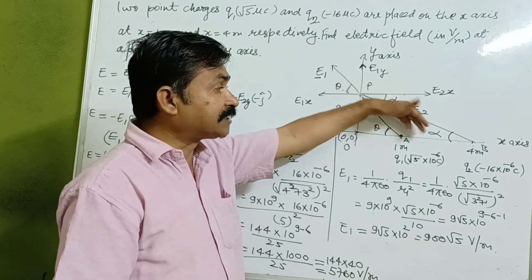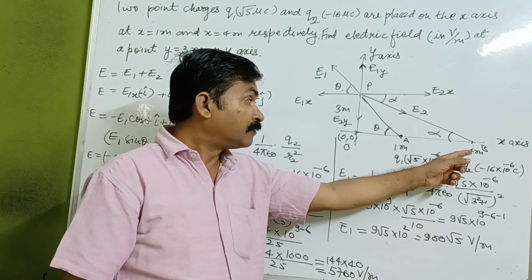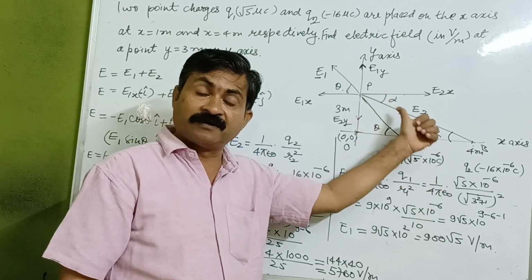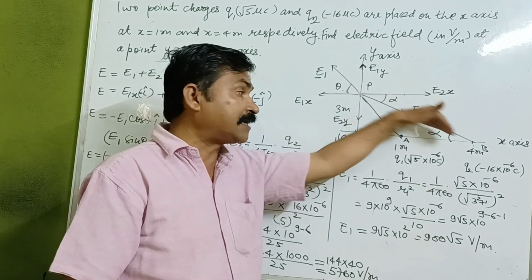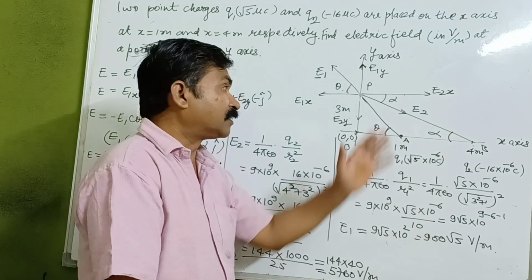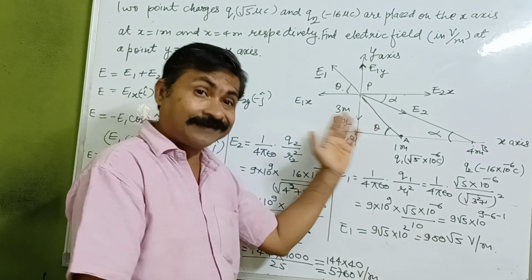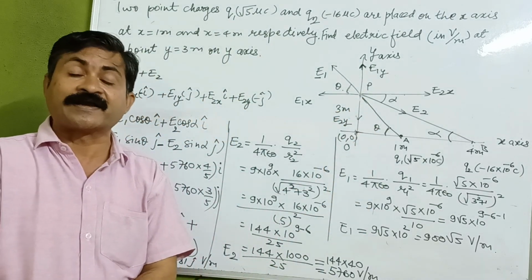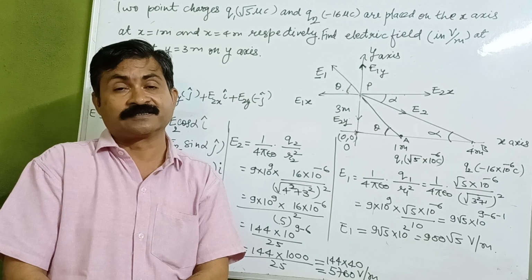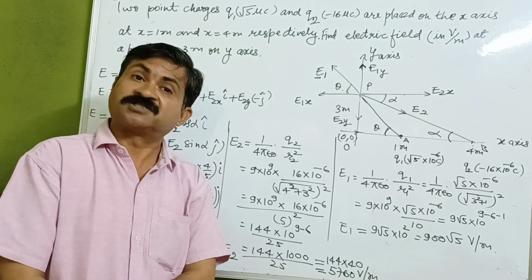Similarly, a force acting in this direction is the attractive force, because there is a positive charge here and a negative charge there, so the electric field will act in the direction PB. Ultimately we can get the resultant effect in terms of the x components and y components, and finally we get the answer. This way we can go through such numericals.